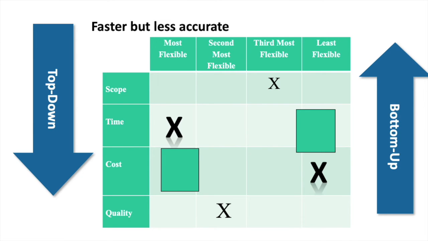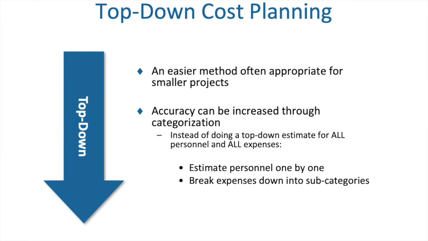Now, the thing about the top-down is it's faster but less accurate, whereas the bottom-up is time-consuming but way more accurate when it comes to determination of what the actual cost is for items within your project. Top-down cost planning is an easier method, quicker, and often appropriate for smaller projects.